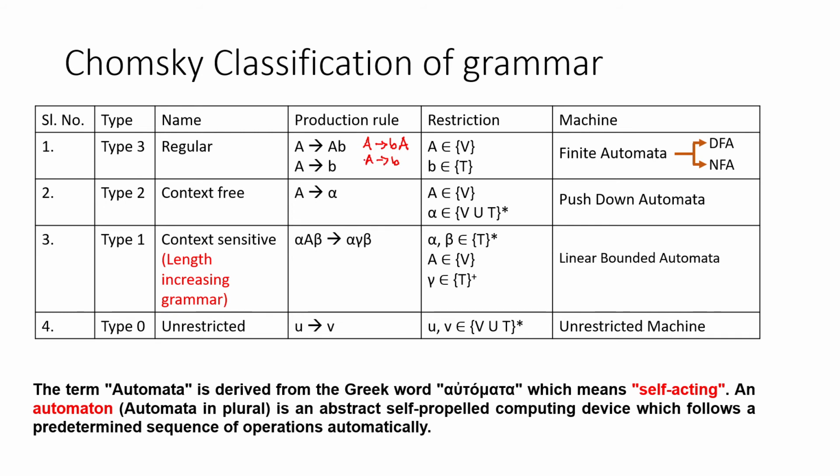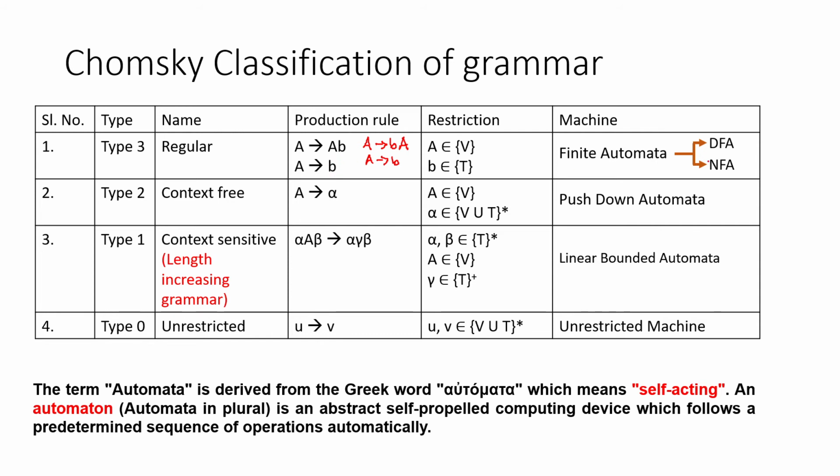Ultimately, one thing is sure: on the left hand side of this arrow symbol, the LHS, we will have only one non-terminal. On the right hand side, we will have only one non-terminal followed by a terminal, or a terminal followed by a non-terminal. Anything is possible. Also it is possible to have only one non-terminal or only one terminal.